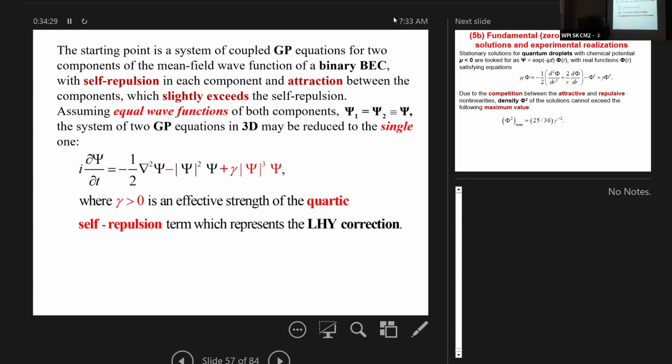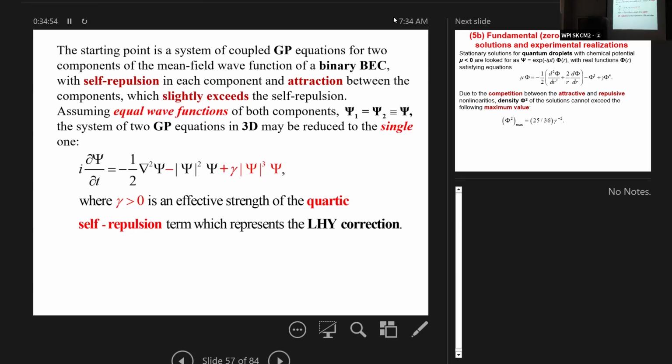And now we have the following effective equation. Somewhat similar to the elementary topic which we discussed last week, namely the competition between the cubic self-attraction and quintic self-repulsion, now we have the competition between the specially organized cubic self-attraction and quartic, not quintic, but quartic, fourth-order self-repulsion induced by the effect of Lee, Huang and Yang.